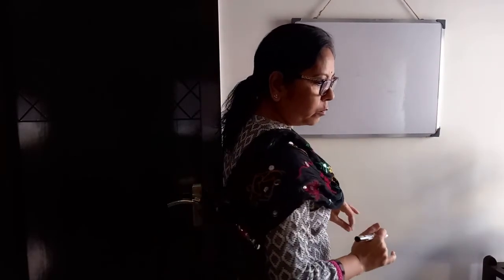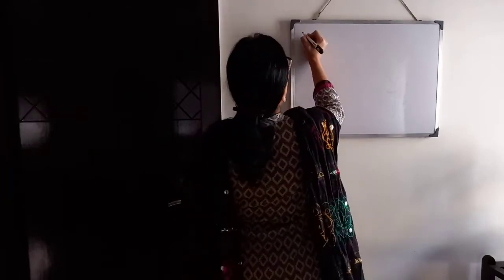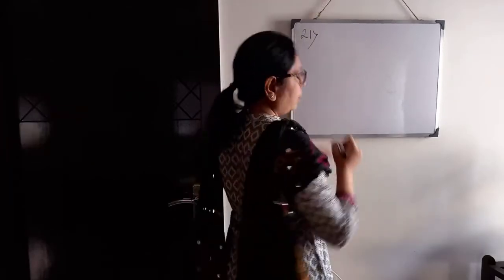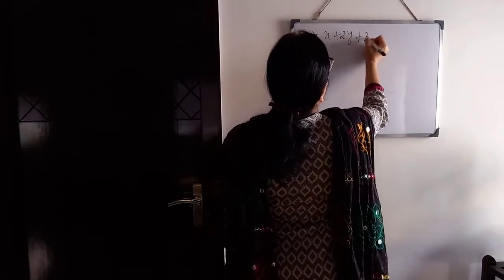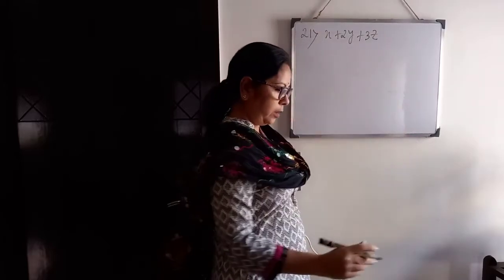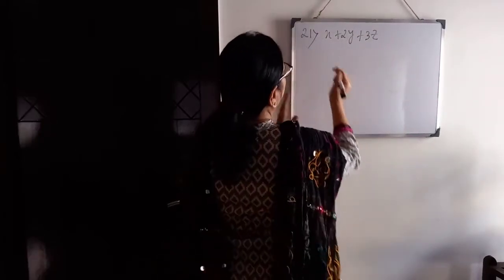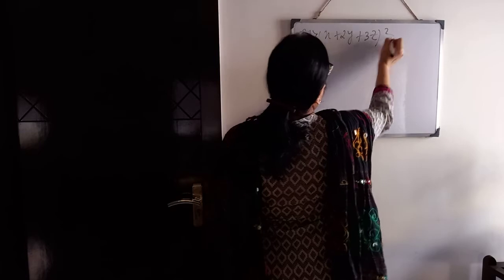Now find the square of the following expression. There are 3 terms. It will take little bit time. x plus 2y plus 3z. Here we have to separate.